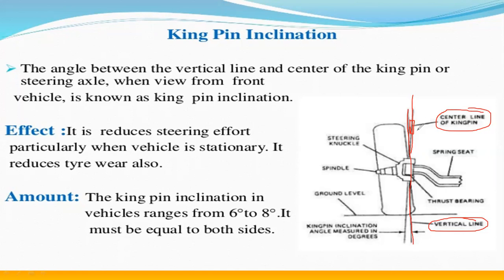This kingpin inclination is around 7 to 8 degrees, but it is not adjustable. The kingpin inclination angle of 6 to 8 degrees, or 7 to 8 degrees, should be maintained on automobile vehicles.